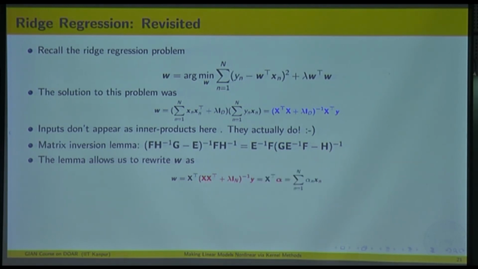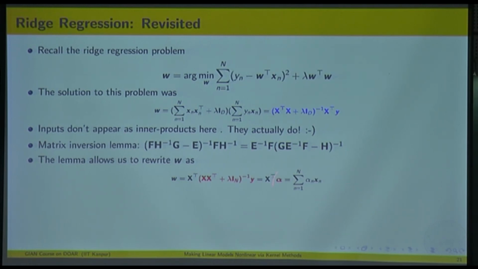So just to make the idea more concrete. Firstly, this is not super important, but one of the nice things about this solution is that you can write W as a linear combination of the set of inputs that you have in the data. This is identical in form to what you had for the case of SVM.